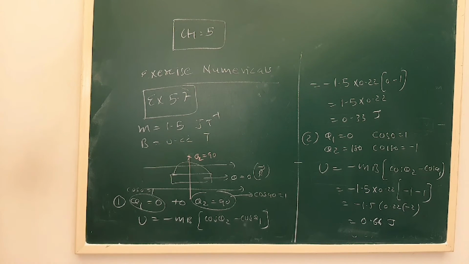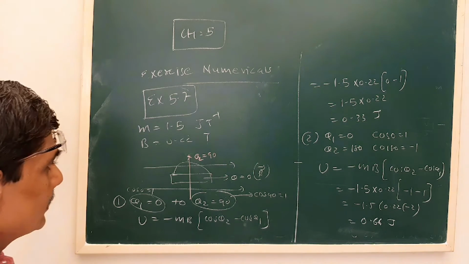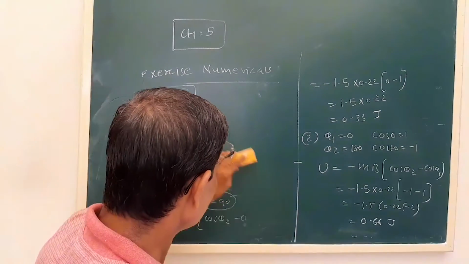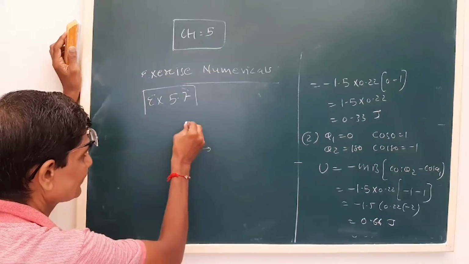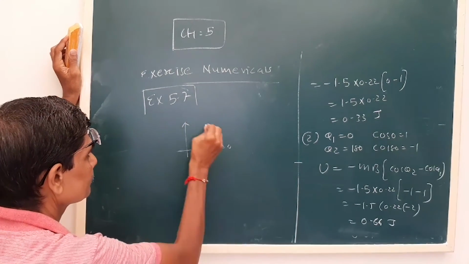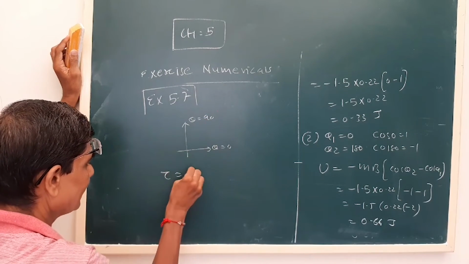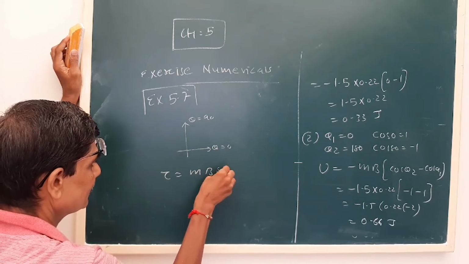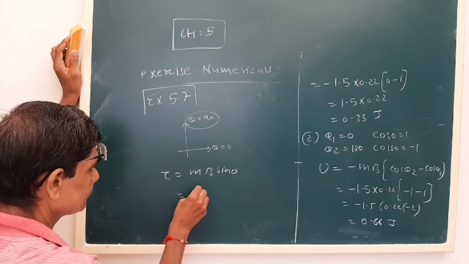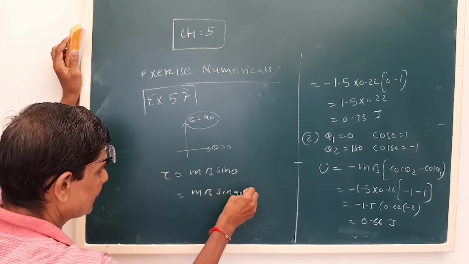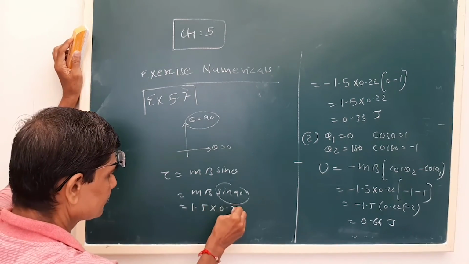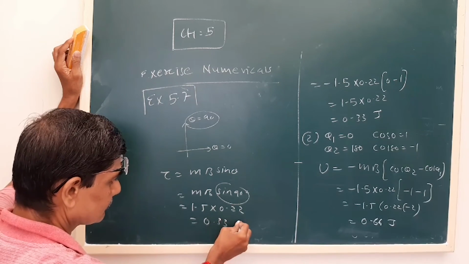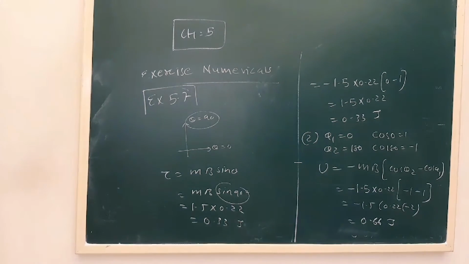Now the third part of the question says, what is the torque in each case? First it was rotated by an angle of 90 degree, from theta equal to 0 to theta equal to 90. So torque is mb sin theta. Sin 90 is 1, so we get 1.5 into that value.